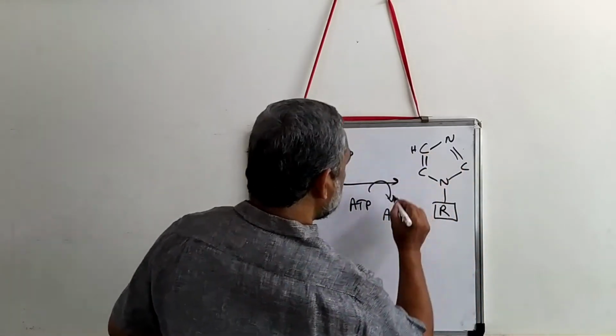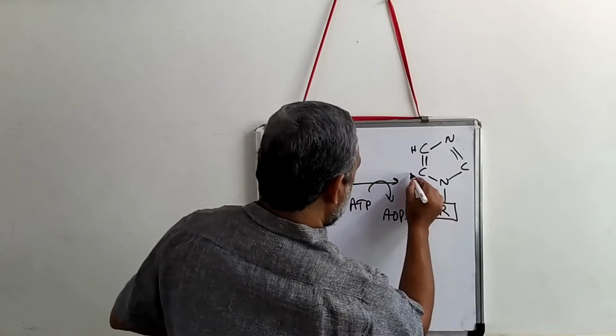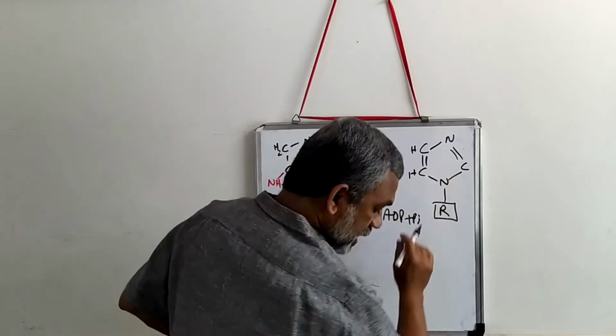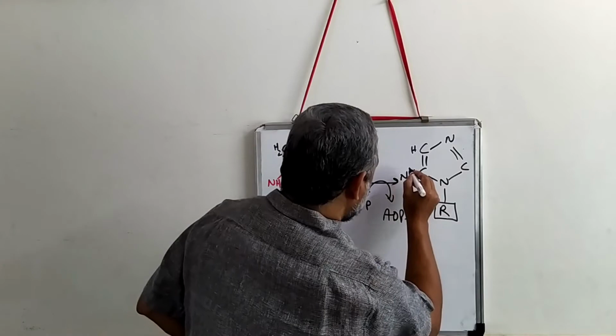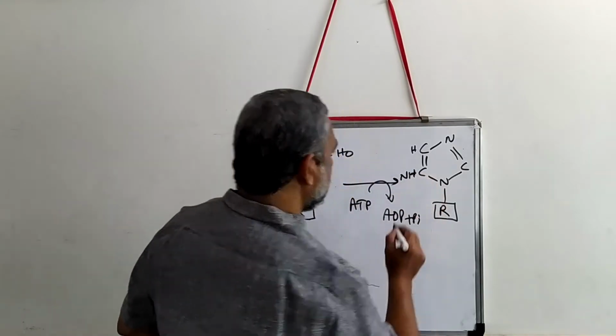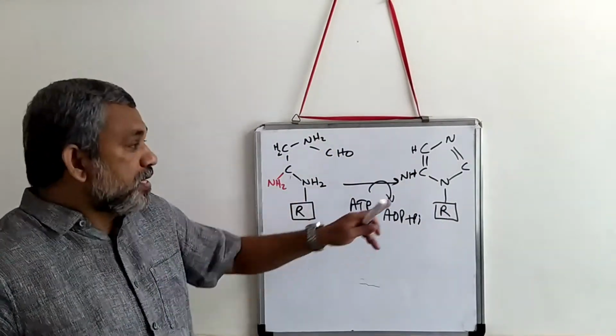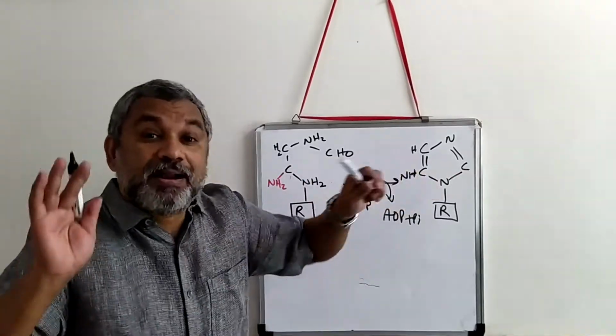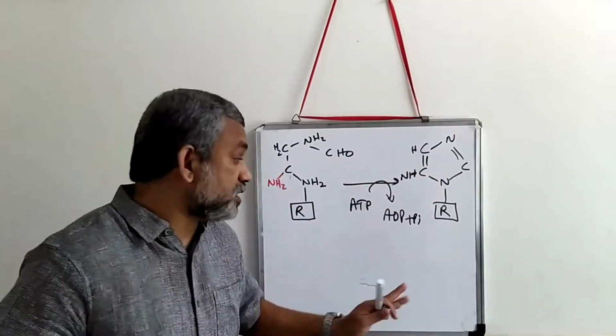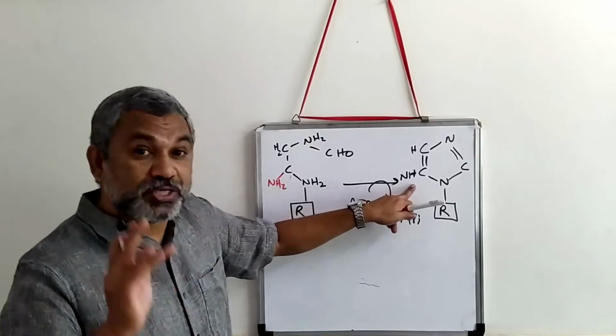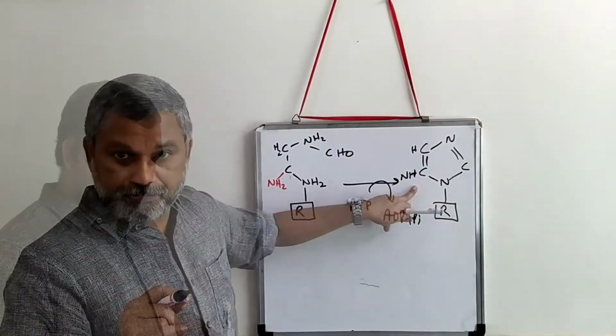Okay, H. Here it is NH2. NH. So this is the structure. Now you can see the imidazole ring has been formed. Now we are going to start the formation of the second ring.